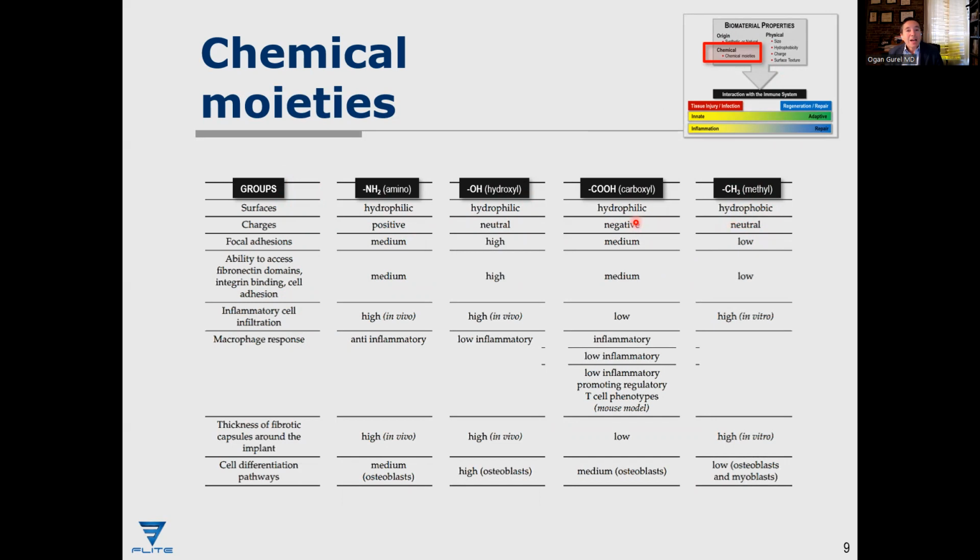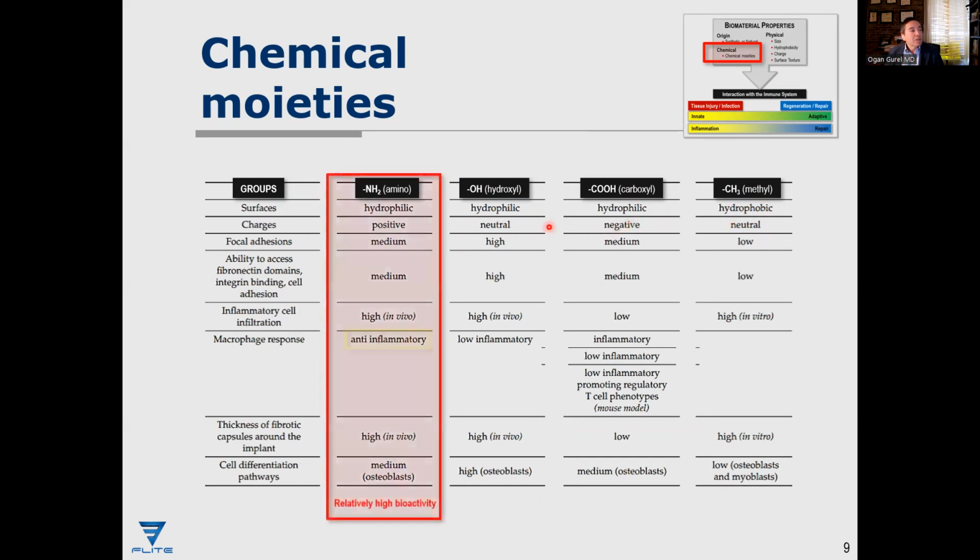So let's look at a little bit how these interact with the immune system. Amino groups tend to be anti-inflammatory, and they influence cell differentiation pathways in a medium fashion, such as osteoblasts for osseointegration, and they have relatively high bioactivity.